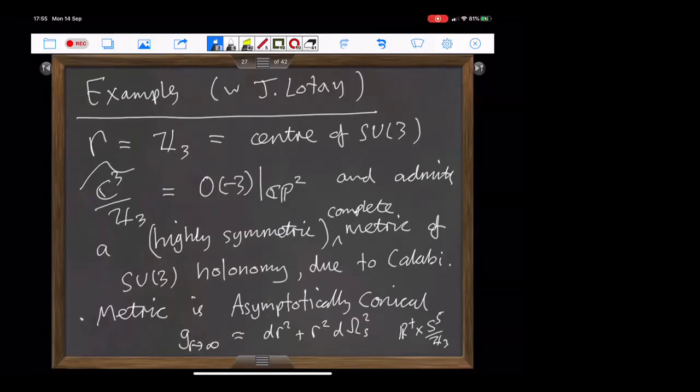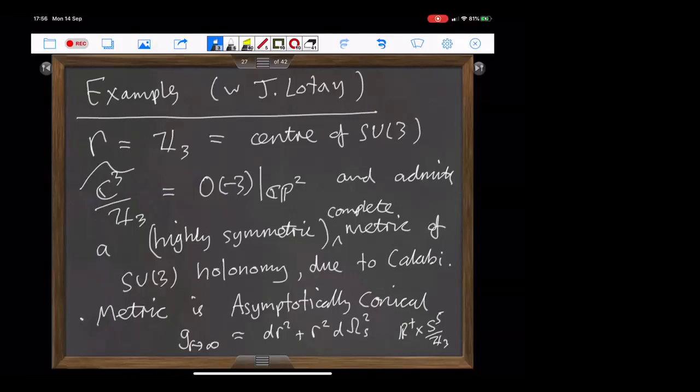So this is the case where gamma, the finite subgroup of SU3, is actually the center of SU3. So it's a rather special example. And in that case, there's a unique crepant resolution, the total space of which is O(-3) over CP2.